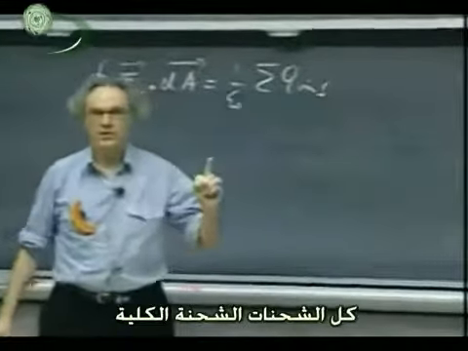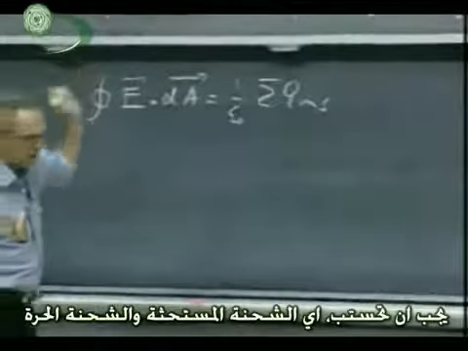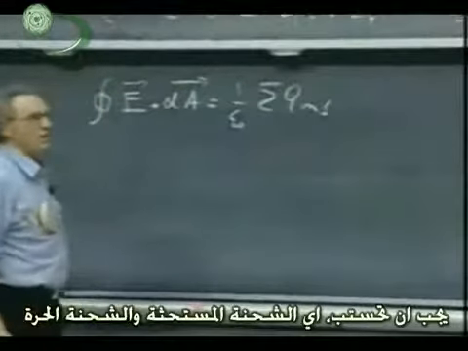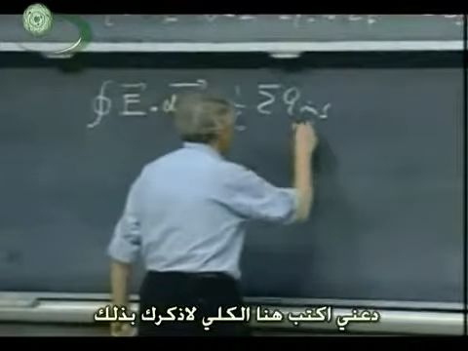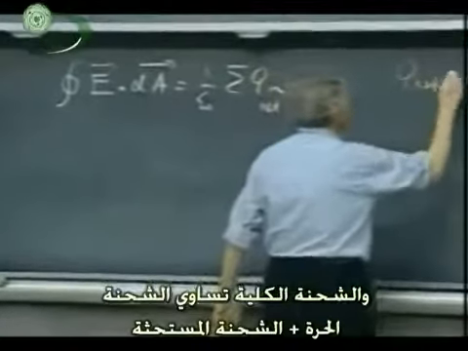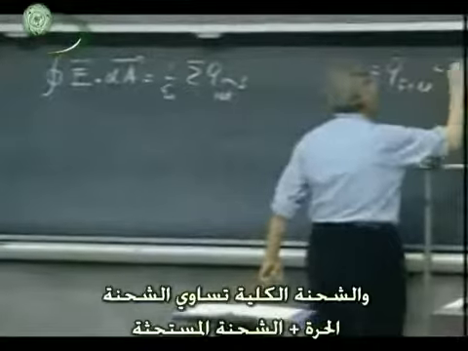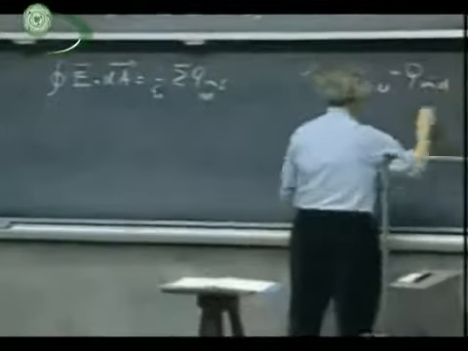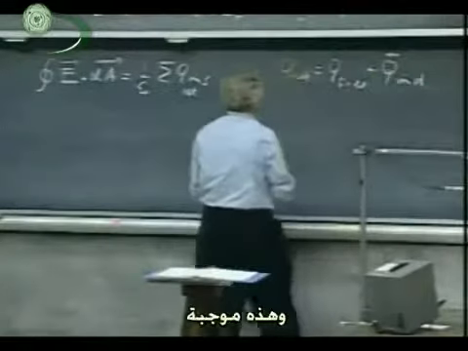All the charges, the net charges, must take into account both the induced charge as well as the free charge. And so let me write down here net to remind you of that. But Q net is of course Q free plus Q induced. And I want to remind you that this is minus and this was plus.